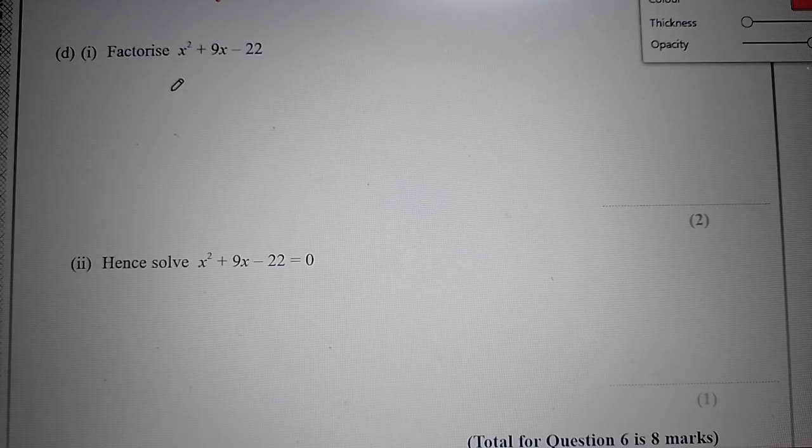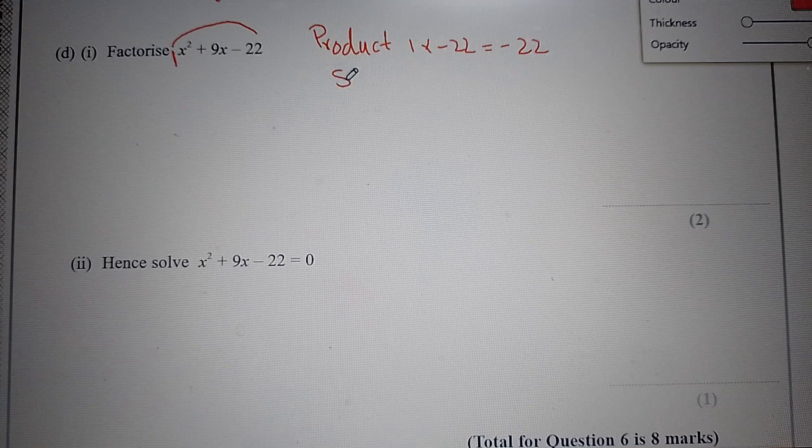Okay, guys, so we have the next question. Factorize x squared plus 9x minus 22. We're going to look at our product first. We multiply these two numbers, which is 1 over here. So 1 times minus 22 gives us minus 22. Now we're going to look at the sum. The sum is the middle number, which is plus 9, correct?